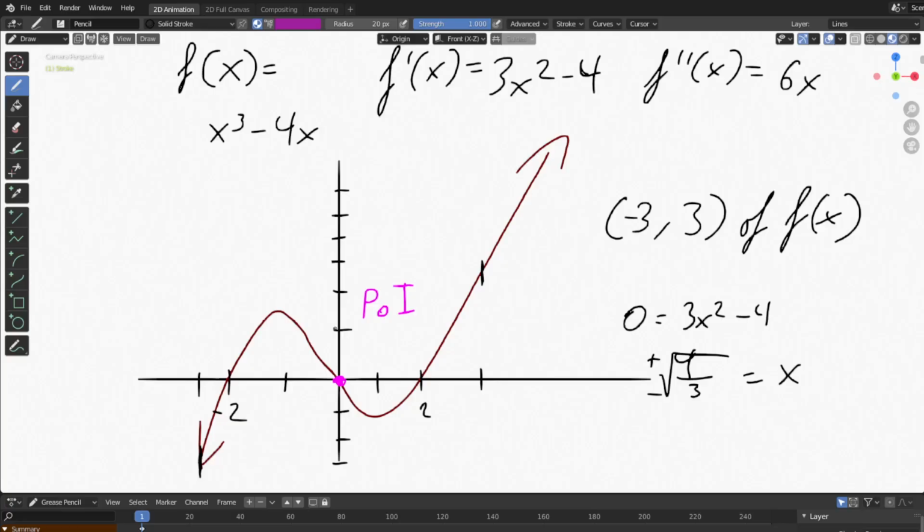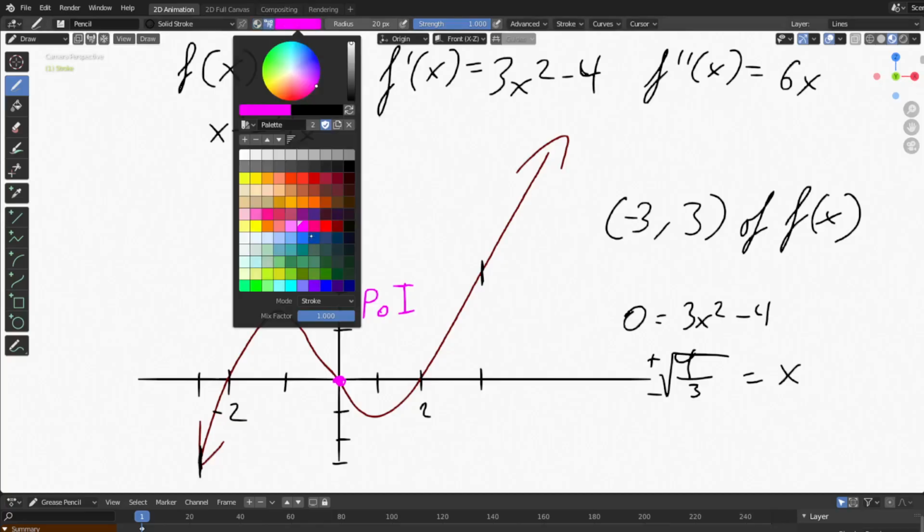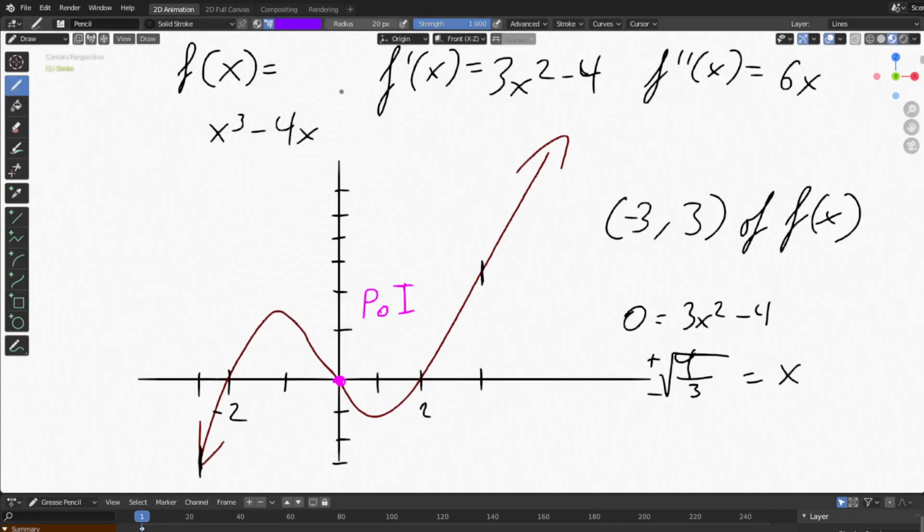That would be this point right here, which I'm going to color purple. So this purple dot here, that's where it maxes out, or where it's extreme, called extrema.